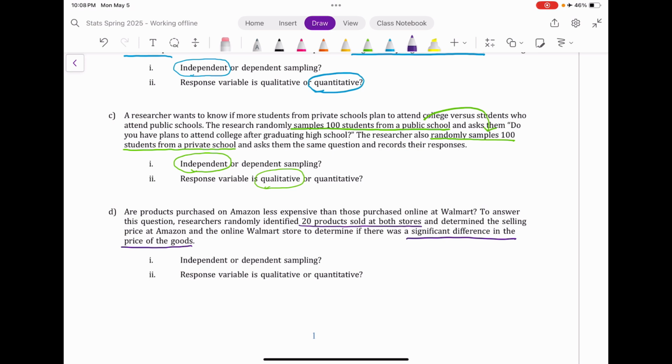Okay, so price is definitely quantitative. And this is dependent sampling, since whatever products they're looking at Amazon, they're looking at those same products at Walmart. So if they're looking at the price of a Nintendo Switch at Amazon, they have to look at a Nintendo Switch as well at Walmart. So that's why it's dependent sampling.